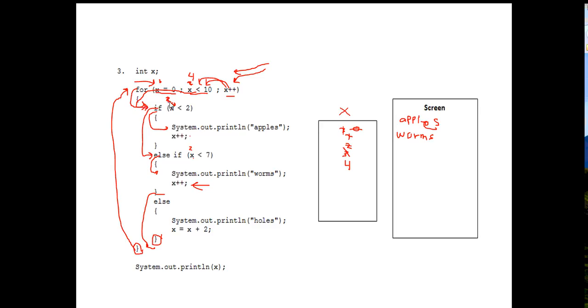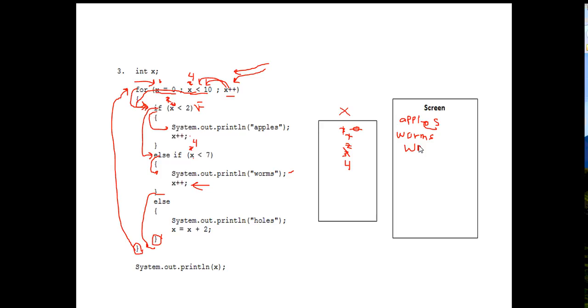Well, from here on out, x is going to keep getting higher, so the if is always going to be false. So we're going to go to the else if and see what this does. x is 4, and that's less than 7. So we're going to go down into the else if clause, and we're going to print worms.